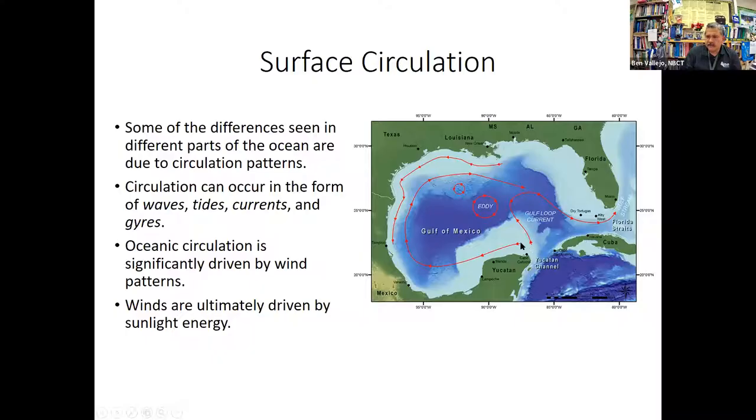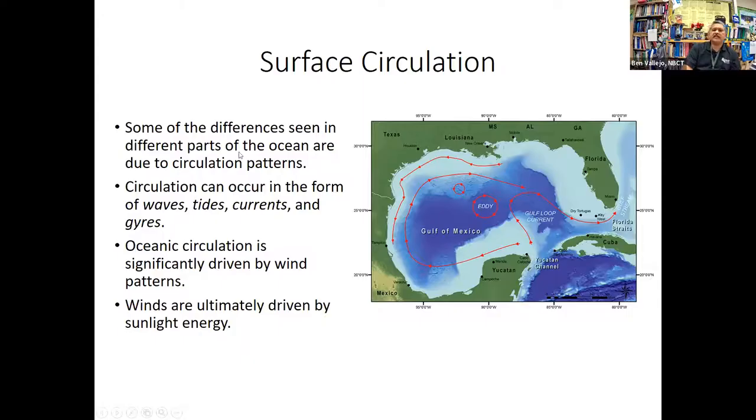There's the Gulf Loop current, and then this current starts going around. As some waters move, like this one's moving east, other waters move to replace that water. Wherever there's a gap, you're going to see water go in to fill those gaps.